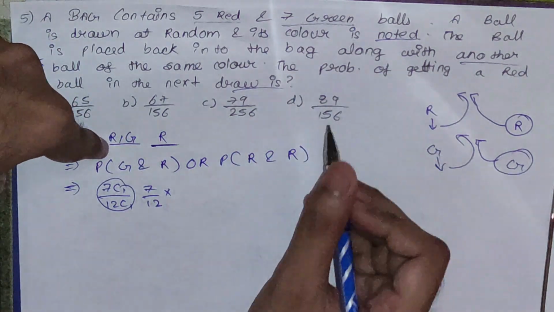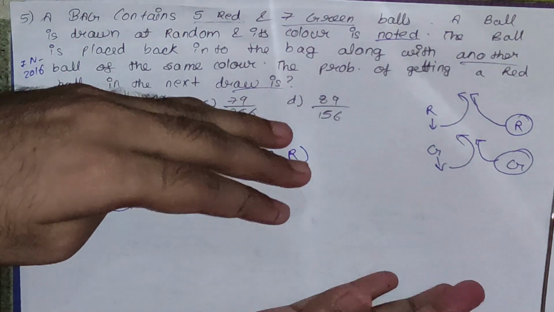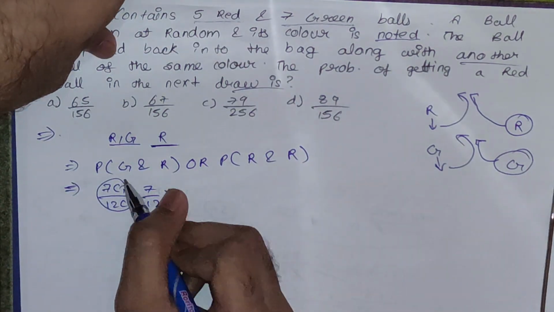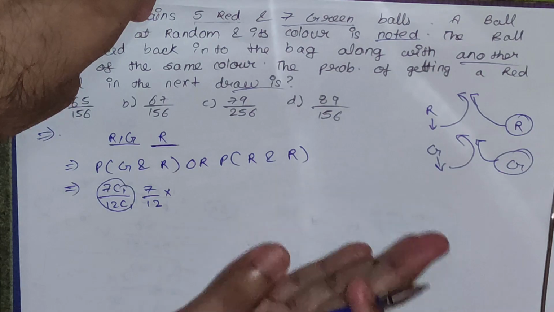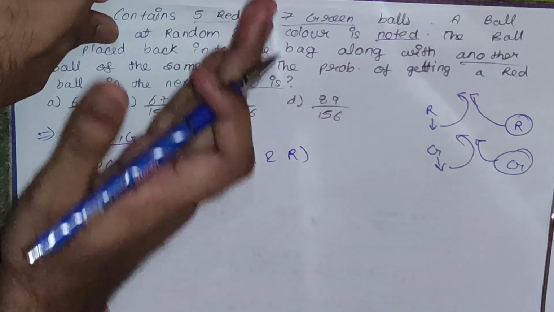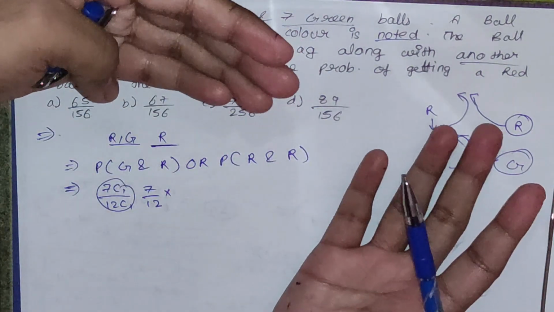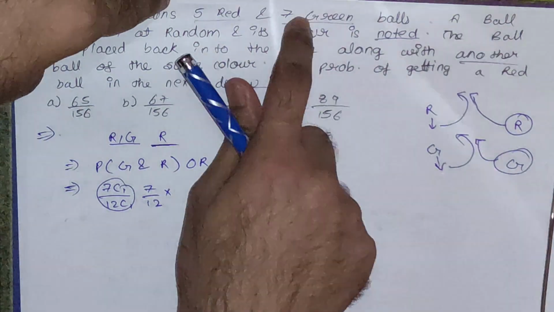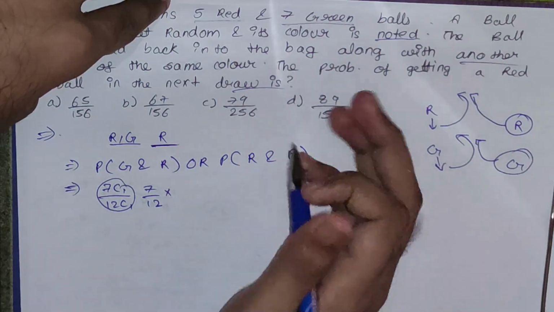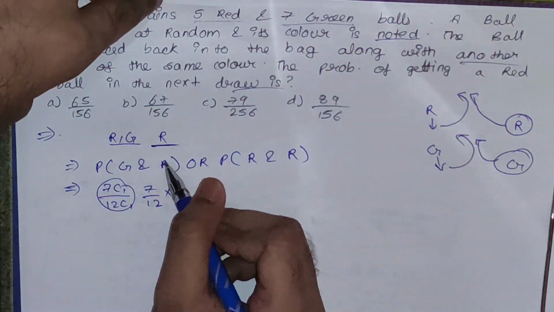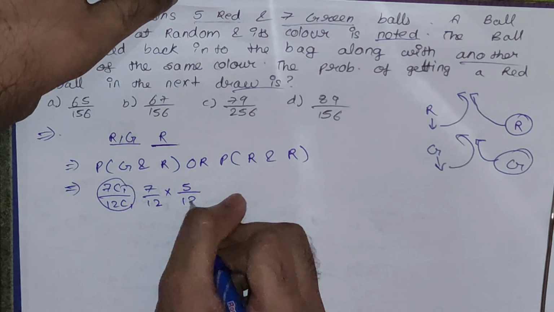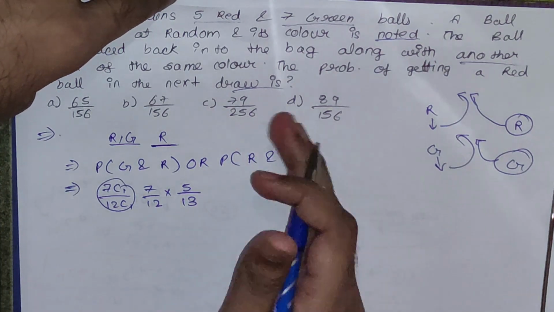Since the question says the color is noted and the ball is placed back with another ball, here the color was green, so one more green ball is placed back into the bag. Now we have 8 green balls, and in total 13 balls. But we want a red ball, and the red ball count is 5 only, so 5 upon 13. Why? Because the total number is increased to 13.